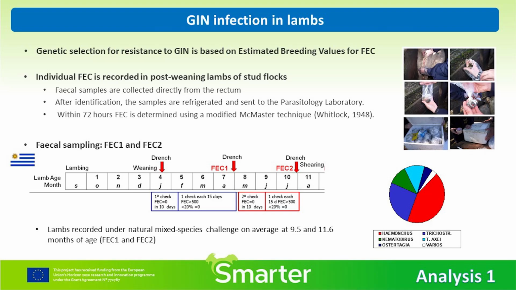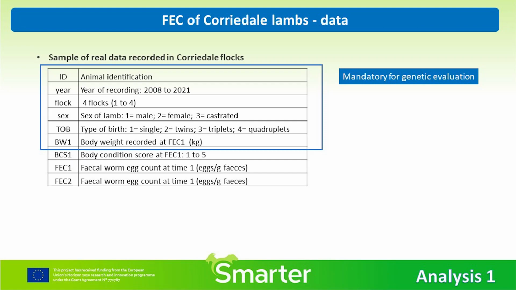You wait and check that effectively the animals are clean, FEC is 0. You wait again, monitor the animals, and when you reach the same parameters, then you have the second sampling.